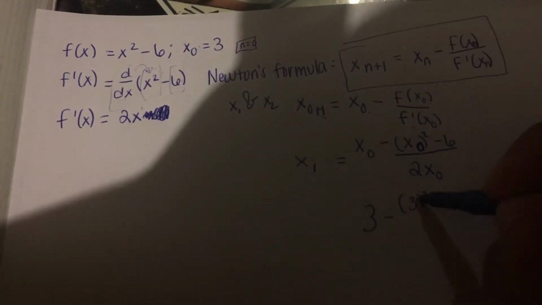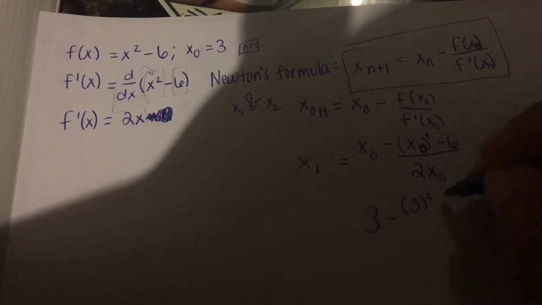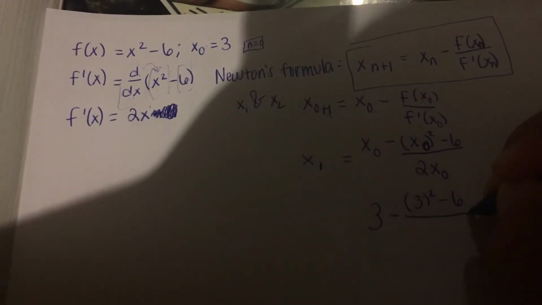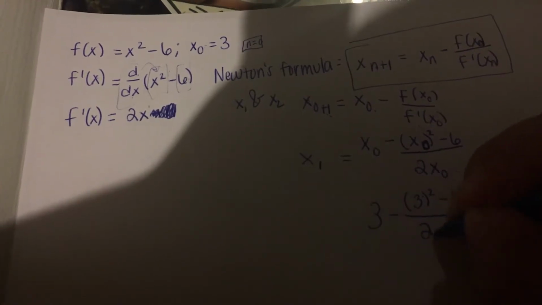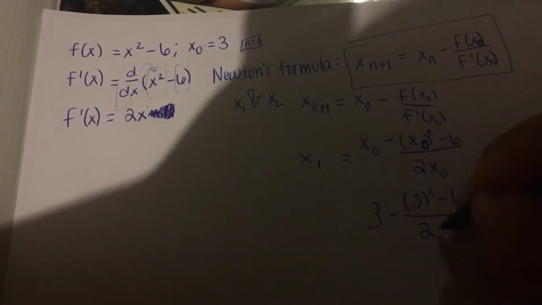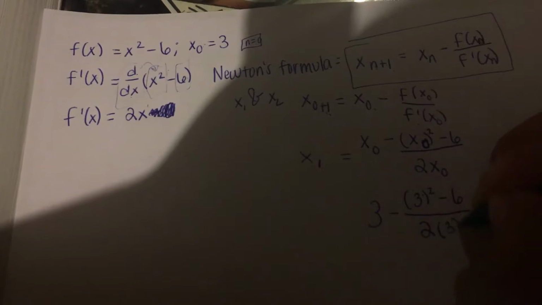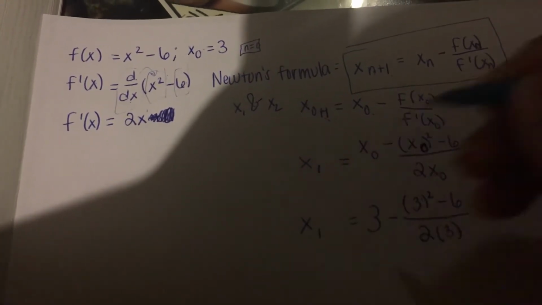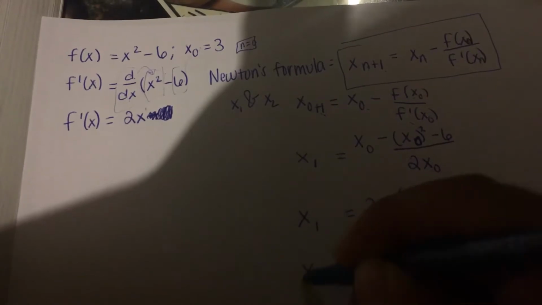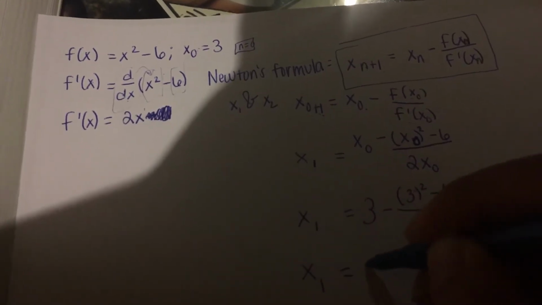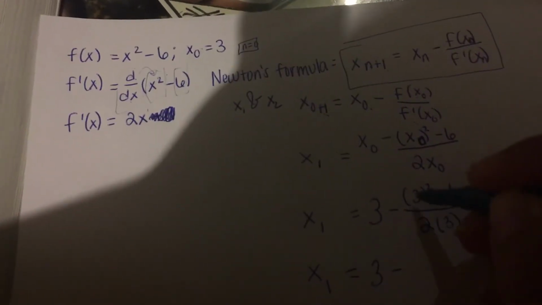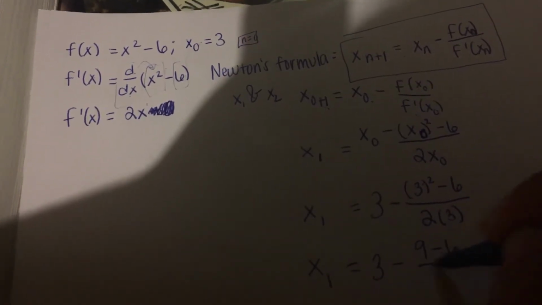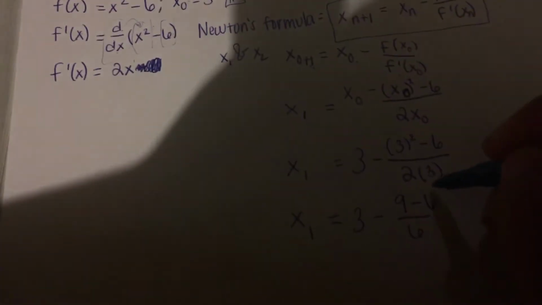So we're going to have a 3 here. Alrighty. So far we got through the easy part. So x sub 1 is equal to 3 minus 3 squared is 9 minus 6.